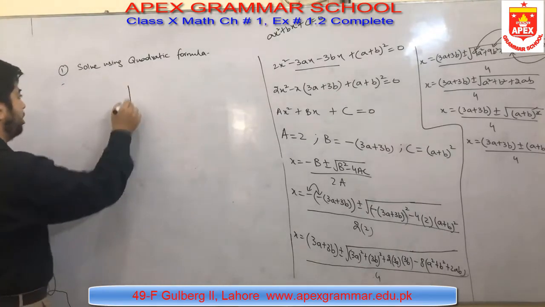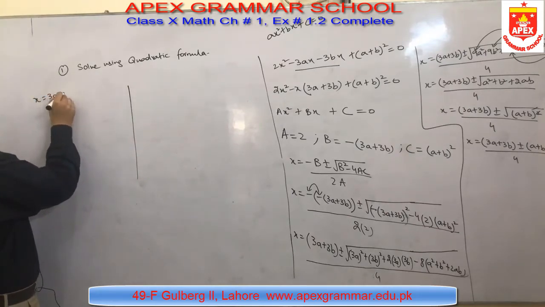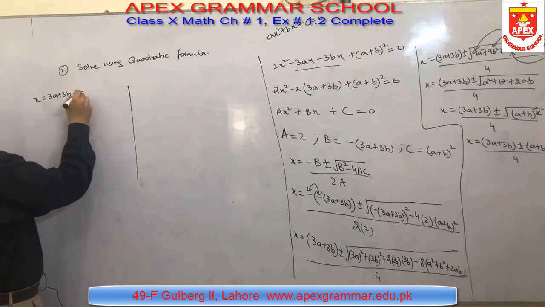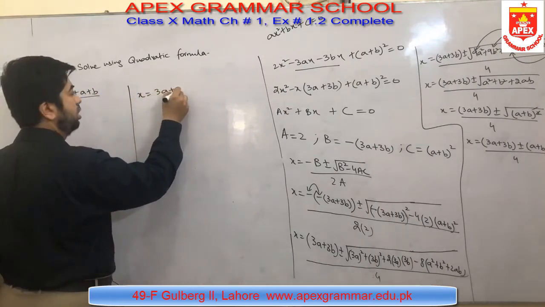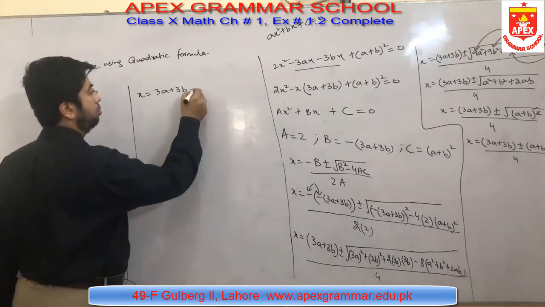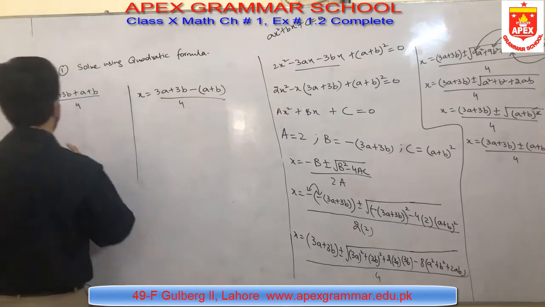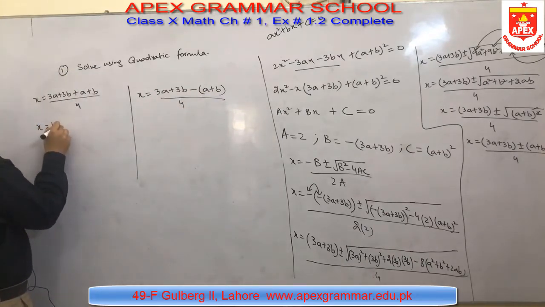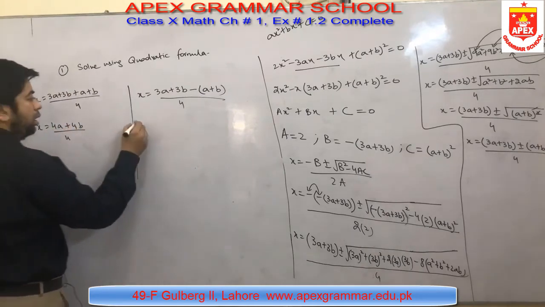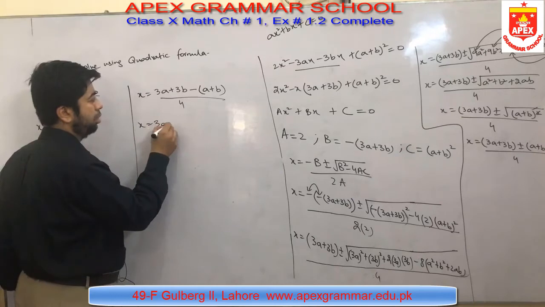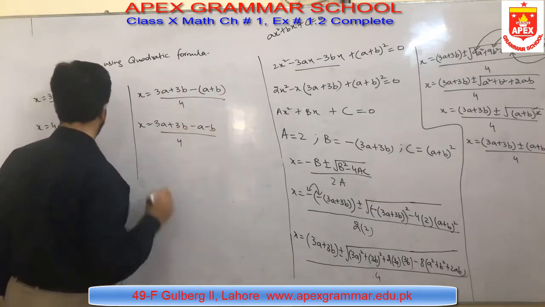Now separate it. x is equal to (3a plus 3b, one is for positive, a plus b) divided by 4, and x is equal to 3a plus 3b, and after that minus, after that there is a bracket. So 3a plus a, that is 4a, plus 3b plus b, that is 4b, divided by 4, and on this side 3a plus 3b, apply the minus sign inside, this is minus a minus b, divided by 4.